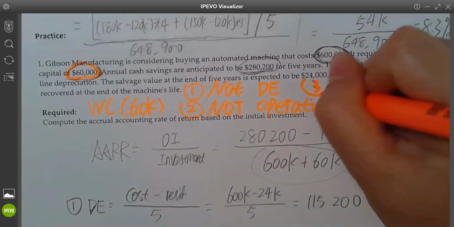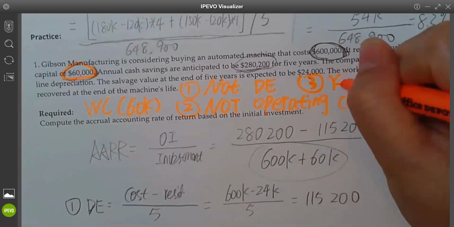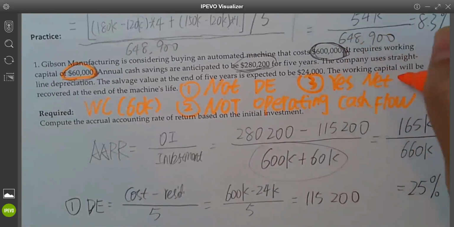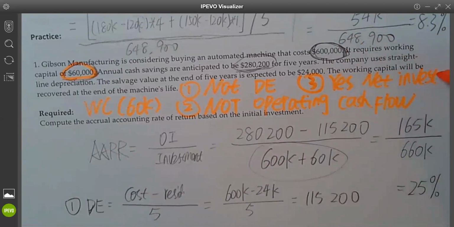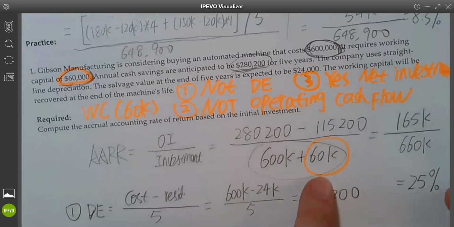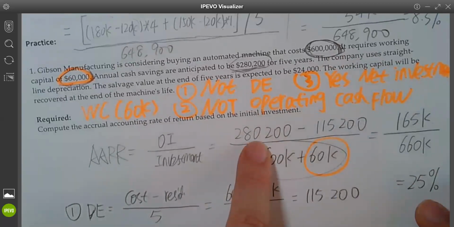But it is your net initial investment. So it is in the denominator, but it's not in the numerator.